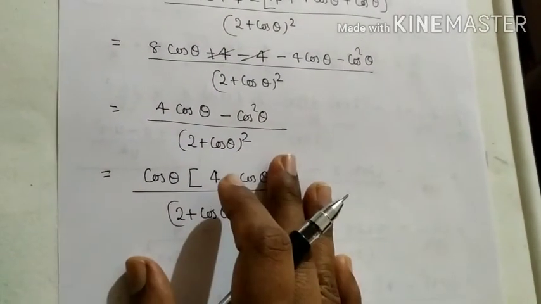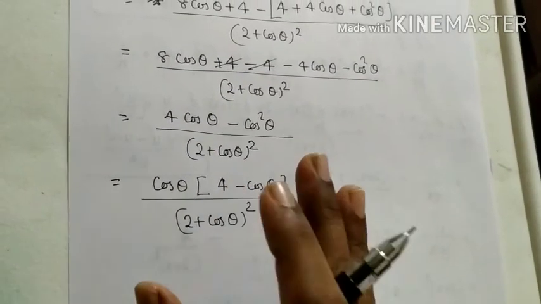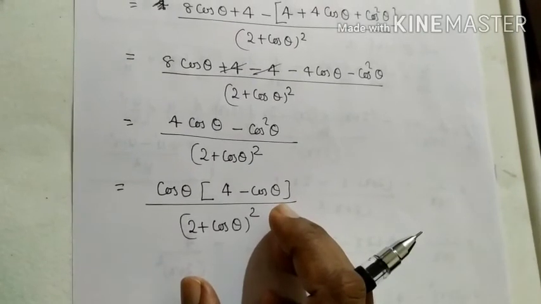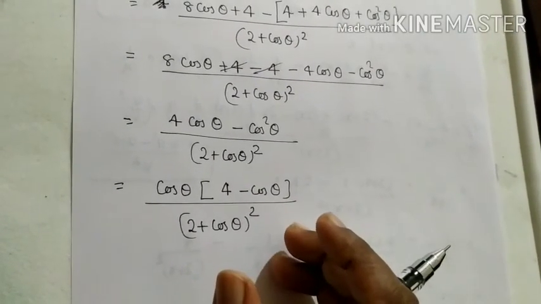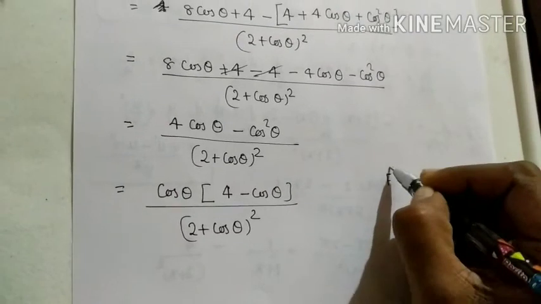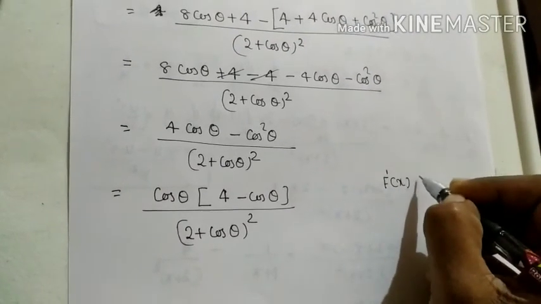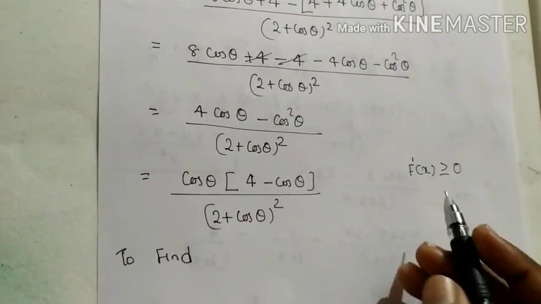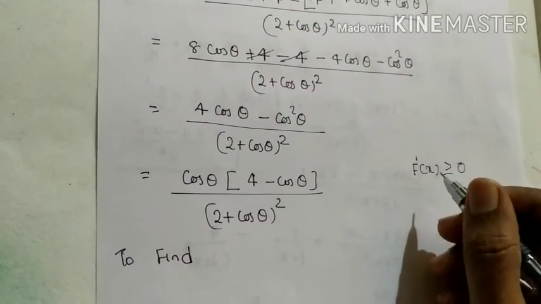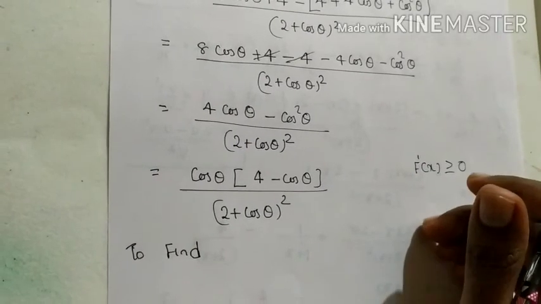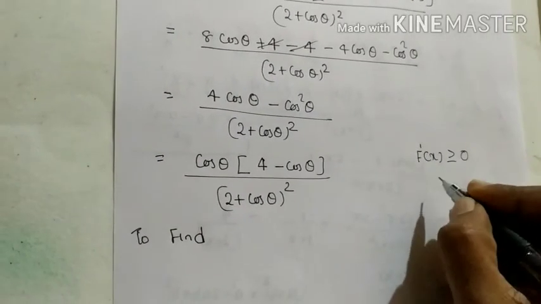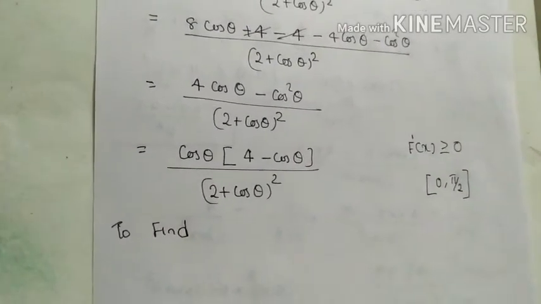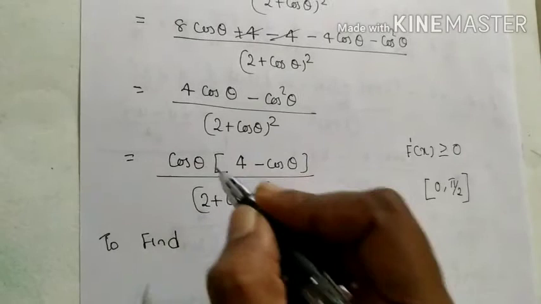In this question, we need to show that our given function is an increasing function. So we have to find out that our f dash of x should be greater than or equal to 0. Right. And also we need to find out that the given function is an increasing function of theta in the closed interval 0, pi by 2. So it depends on our theta, right?